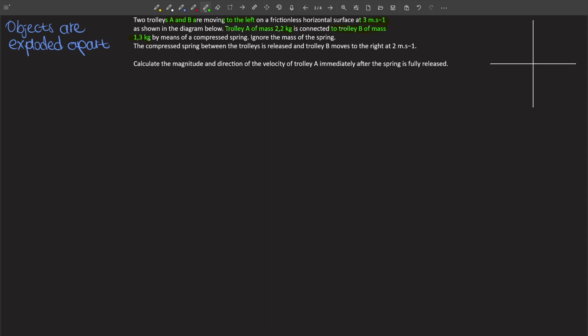The compressed spring between the trolleys is released and trolley B moves to the right at 2 meters per second. Calculate the magnitude and direction of the velocity of trolley A after the spring is fully released, after the explosion. Okay.